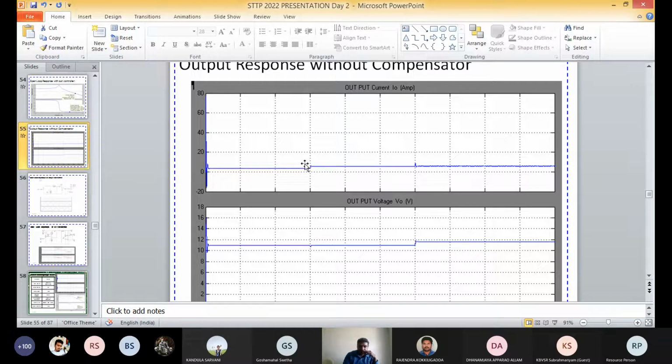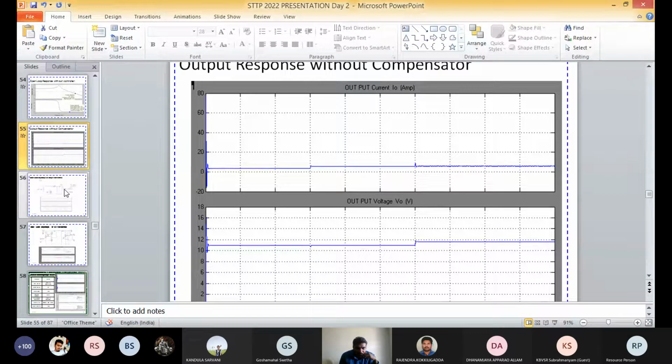The output of the renewable energy system is always changing, so there is a chance of variation in the input value and also in the load. That's why we artificially create some disturbances here and observe how the system behaves without any controller. After placing the controller, whatever disturbance you give, you need to get the same desired output. Then your controller will work.